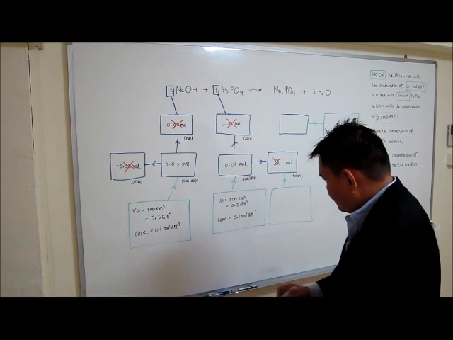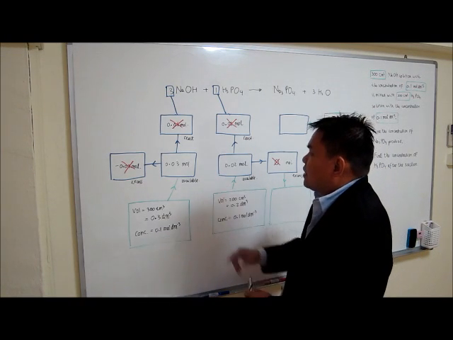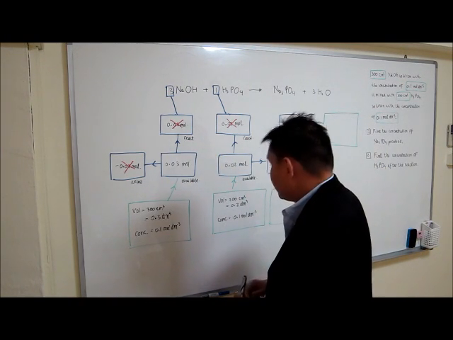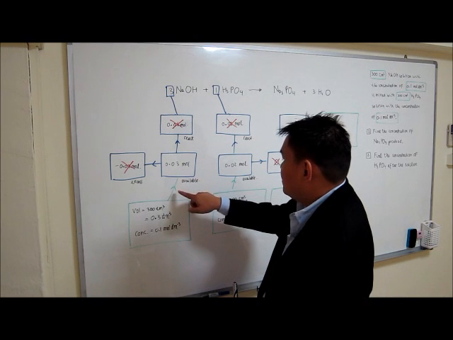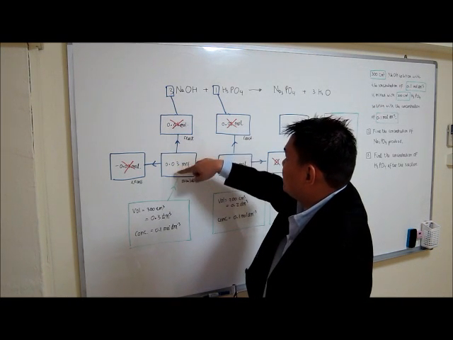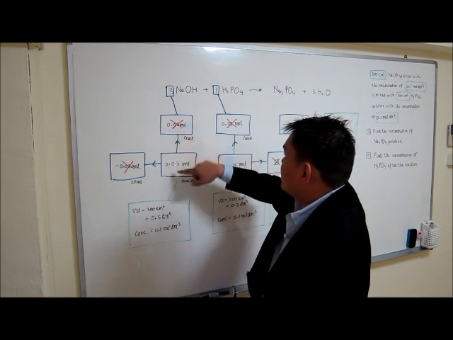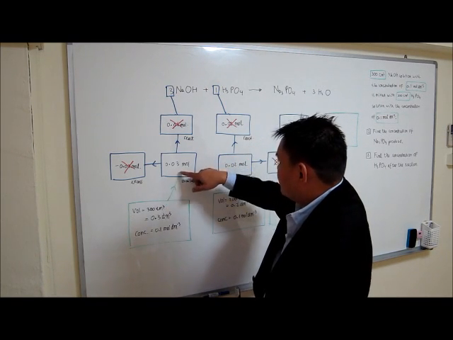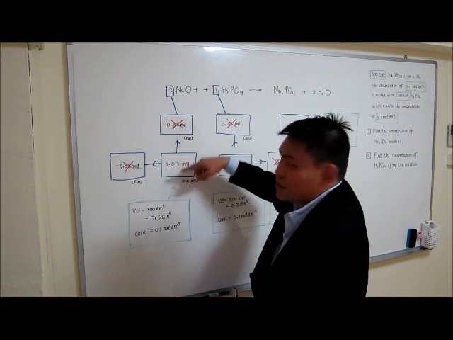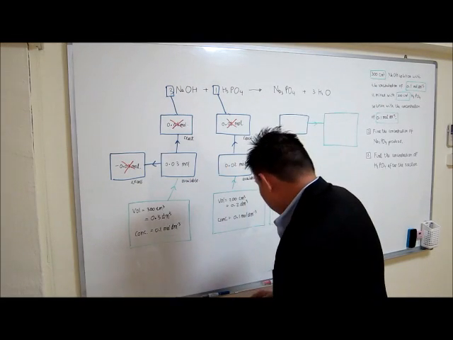So what is correct? The one that is correct is if we take the sodium hydroxide as the limiting reagent, that means we copy this number. We assume that all the sodium hydroxide will react.